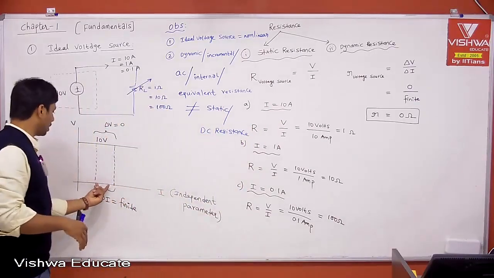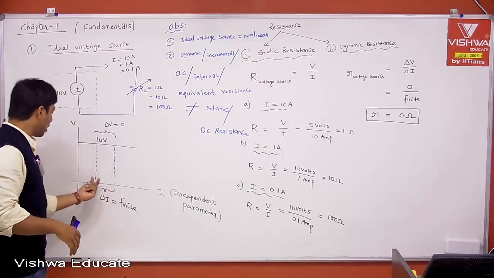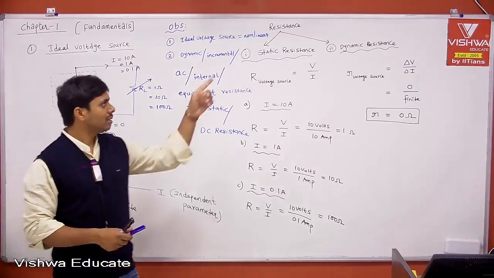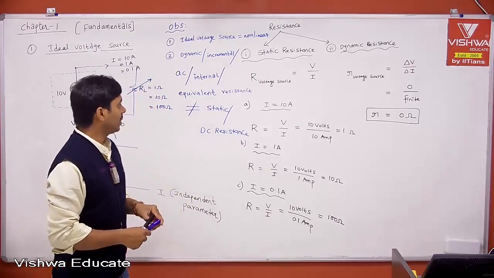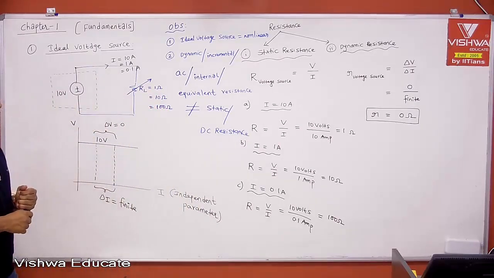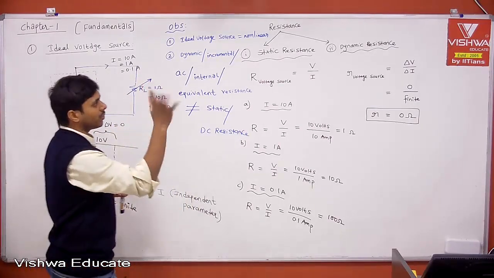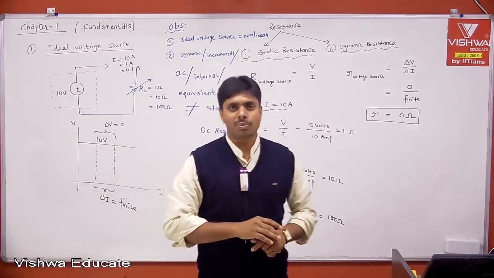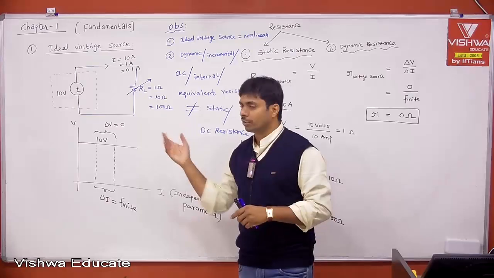Maybe you can take the change in current here, or here, or here. For any change in current, the change in the voltage is equal to 0. What is the second observation? The dynamic resistance is not equal to the static resistance. Therefore these two observations are enough to continue further.